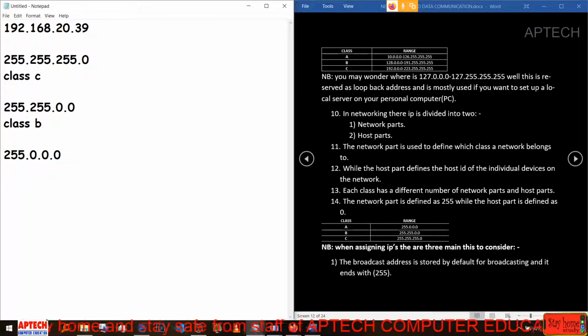And this is Class A. By default, if you put that, the computer is able to know this particular class. Have you understood that? If I give you this IP address and ask you what's the first IP, what would you say?